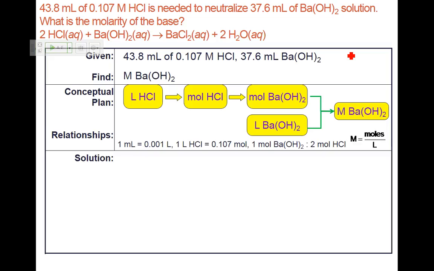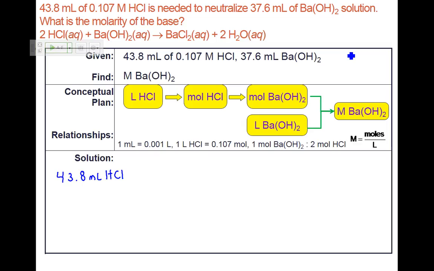So the first thing we need to do is get our liters of HCl, because our molarity relationship is in liters. And don't put down 37.6 milliliters to start, because that's my milliliters of barium hydroxide. I need my milliliters of HCl, so I know how many moles of HCl I used.